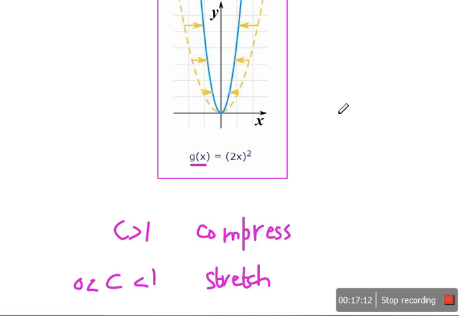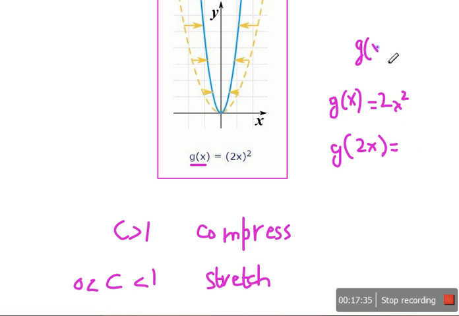Say I'm multiplying y by the same number, 2. What would happen? I get g equals 2x square, right? But if I'm multiplying x by 2, then sorry, the original parent function is x square, so instead of x, I'll write 2x here.